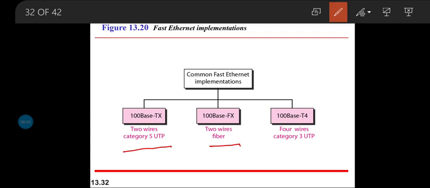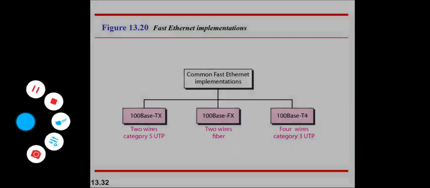Then we also have a 4-wire kind of implementation, which is category 3 unshielded twisted pair cable. So that's how we have the 3 implementations of the fast Ethernet, which is done at the physical layer.